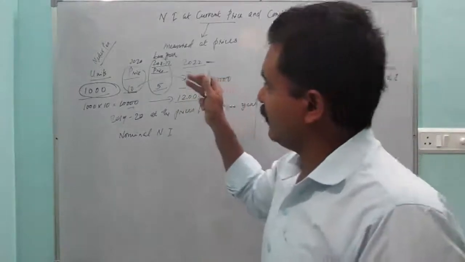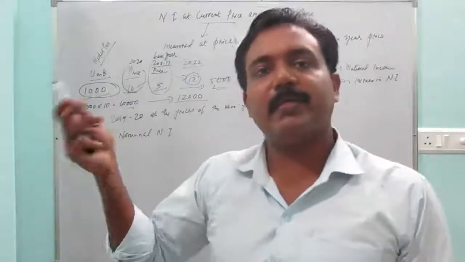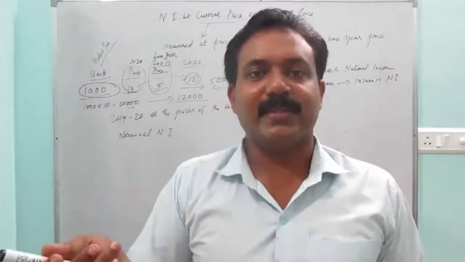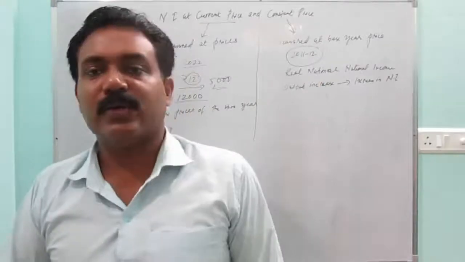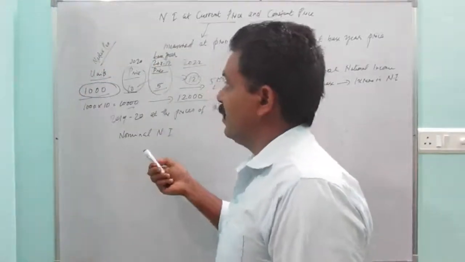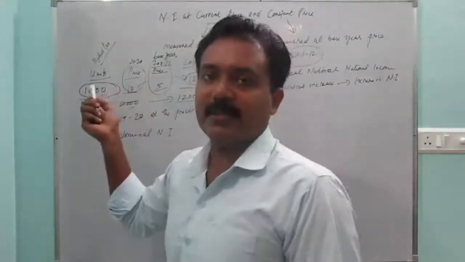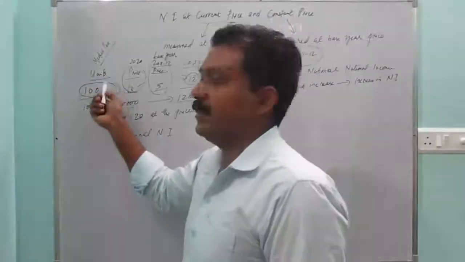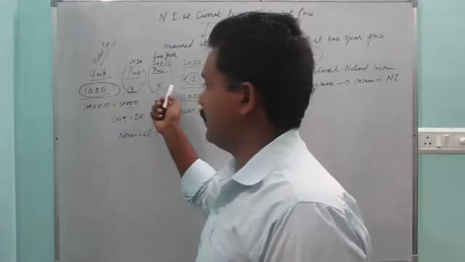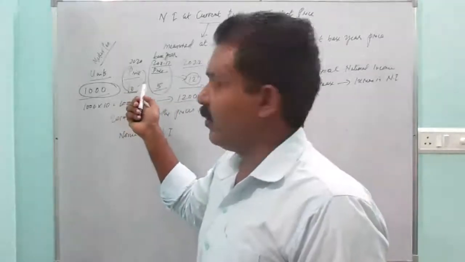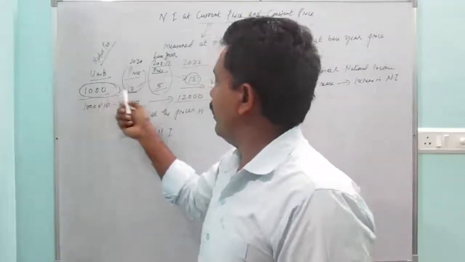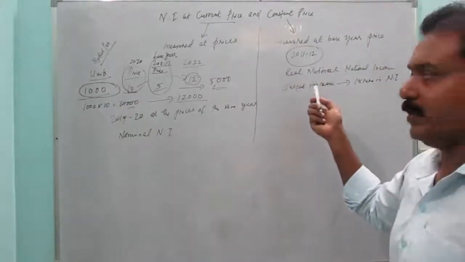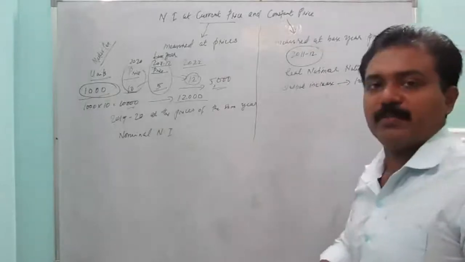If the price increases or decreases depending on inflation or deflation, then national income also will change. So a misleading picture only. True development is with the increase of goods and services only. So this must be considered, not the price rise or a price fall. That is possible here in national income at a constant price.